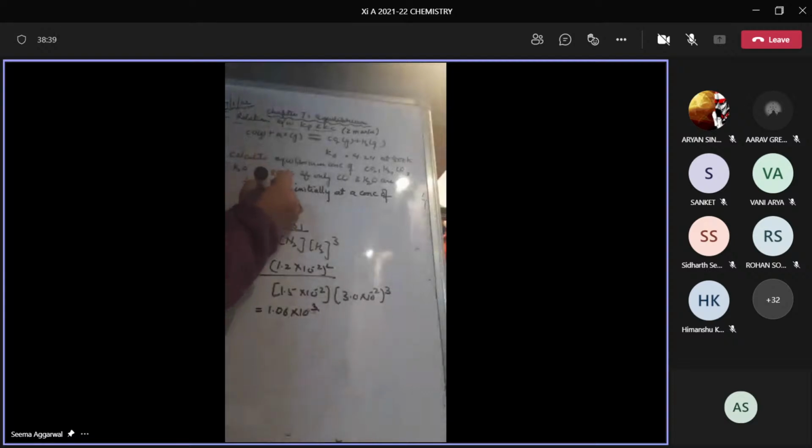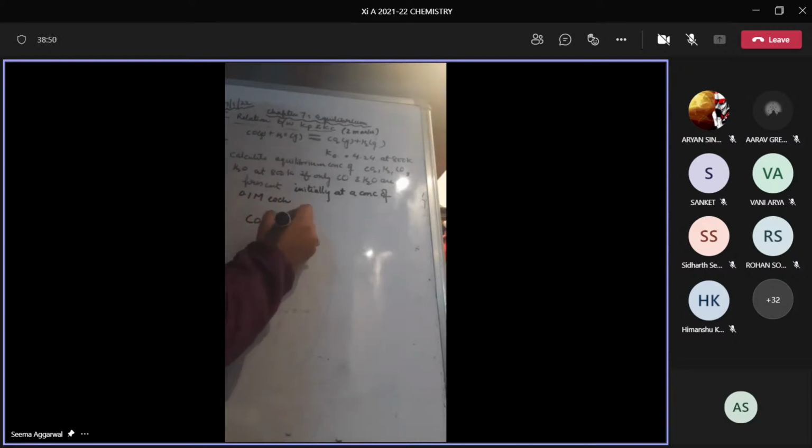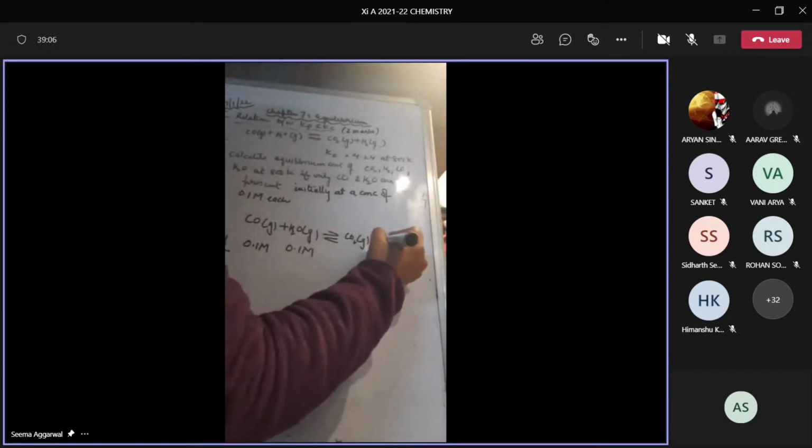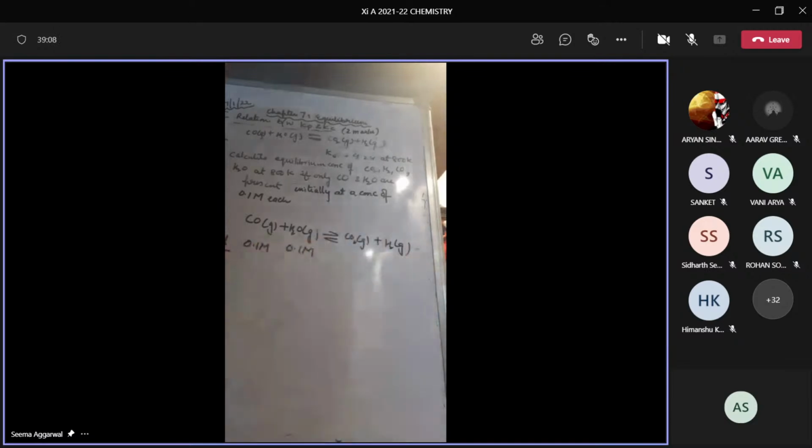0.1 molar each. It means we have to find the concentrations at equilibrium, and initially what we are given is simply carbon monoxide and water. So initially the concentration of each is 0.1 molar. What will be the concentration of products initially?